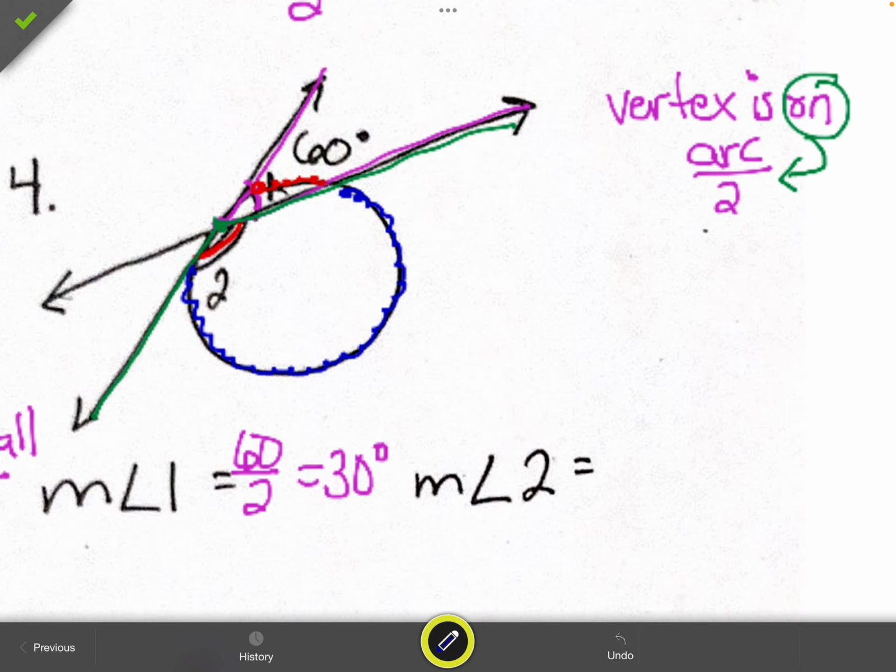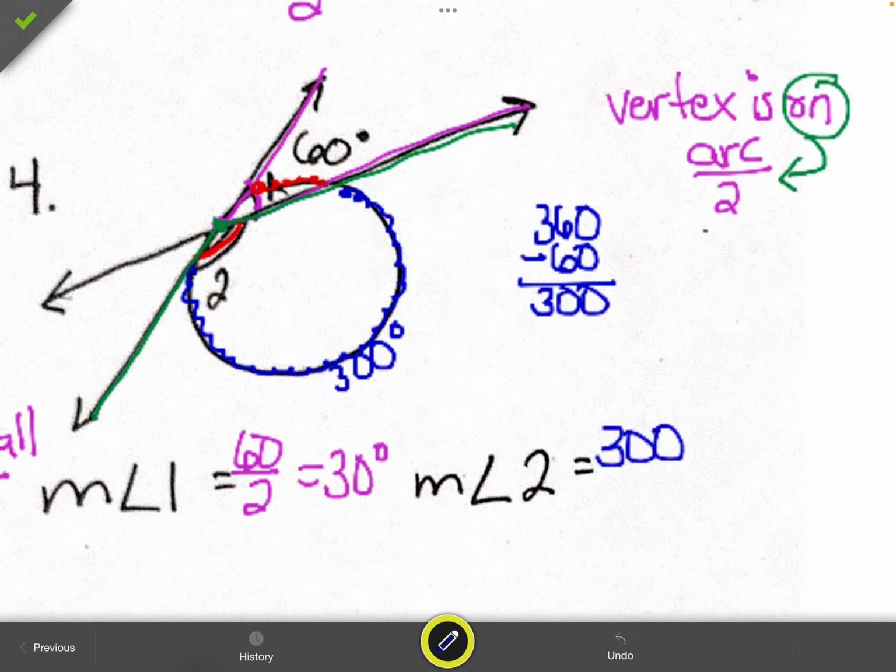I know the whole circle is 360. I know part of it is already 60 degrees. I don't want that part. So I subtract. That leaves me with 300 degrees for this part of the circle that's blue. So angle 2, arc divided by 2. Figured out my arc was 300 divided by 2. So angle 2 ends up measuring 150 degrees.